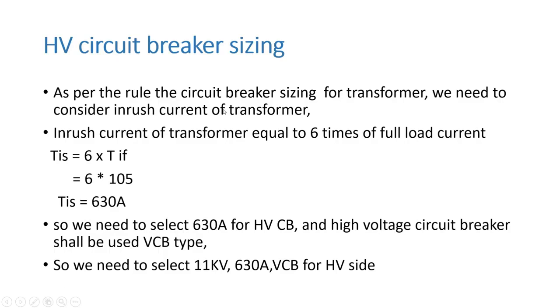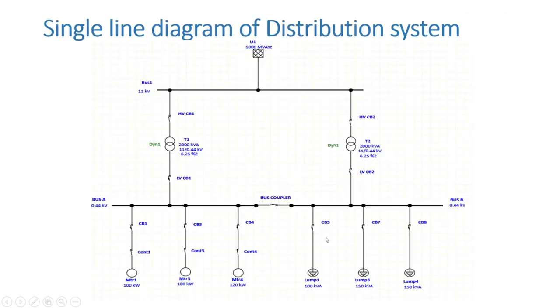So we select the HV circuit breaker 11 kV 630 ampere VCB for the HV side. Now we have cleared both current ratings of the HV circuit breaker. Now we are going to calculate the current rating of LV circuit breakers 1 and 2 on the LV side.